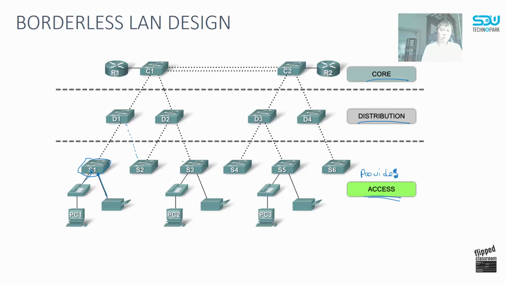And your switches can be interconnected with redundant links, with backup links, so that if the link between switch 1 and D1 is damaged, your switch may communicate through D2 to reach S2 or to go to the internet. And the distribution layer is making the distribution. So this is the main functional distribution between access layer switches.